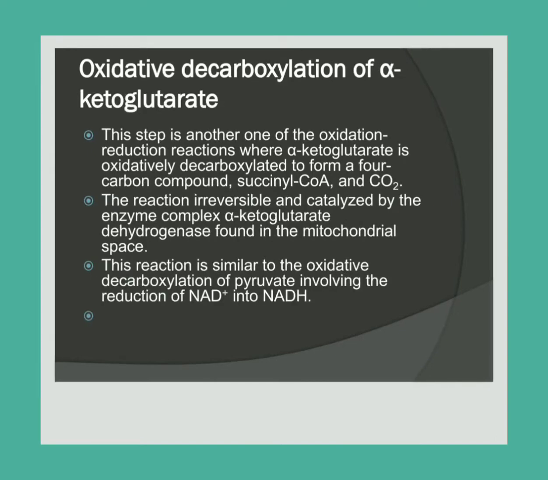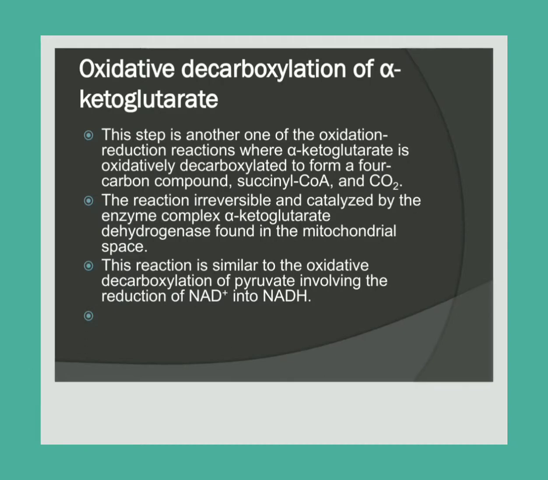Next, oxidative decarboxylation of alpha ketoglutarate. This is another step of the oxidation reactions where alpha ketoglutarate, which is a 5 carbon compound, is oxidatively decarboxylated to form a 4 carbon compound, succinyl CoA, and carbon dioxide, because here the 5 carbon compound again loses a carbon and becomes a 4 carbon molecule, so carbon dioxide is removed.